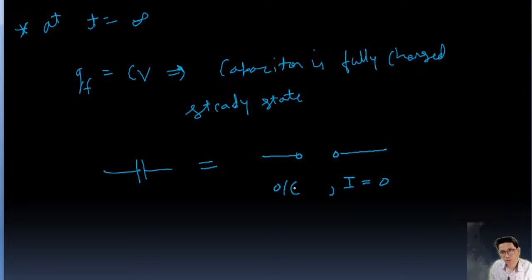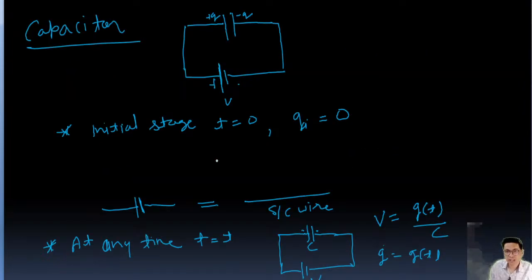So at t equal to infinity, the capacitor is fully charged, in steady state, and it will work as an open circuit. At the initial stage, it will work as a short circuited wire. At any time t, Q is going to be Qt, and from there the value of V is going to be Qt upon C. This is a brief idea about capacitor.